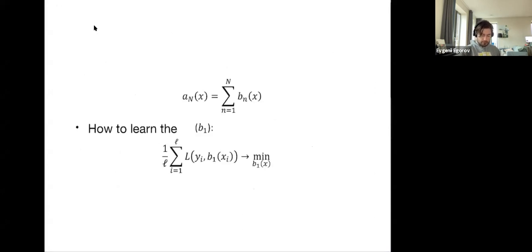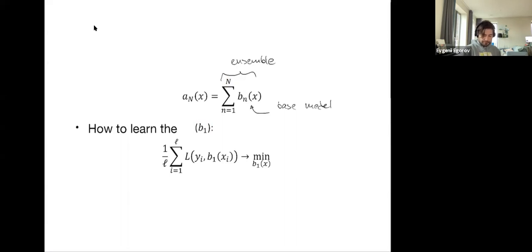So let's do this. This is our ensemble. Each B_n is a base model, and we would like to sequentially learn all N of them. For the first model, it's very easy. We already know what to do.